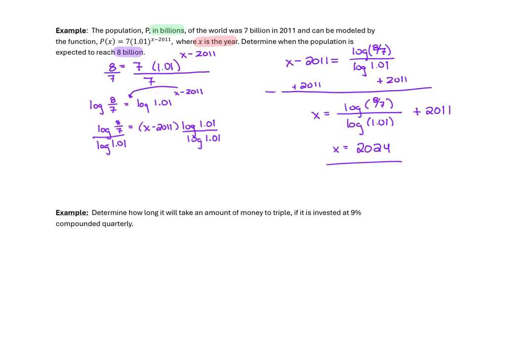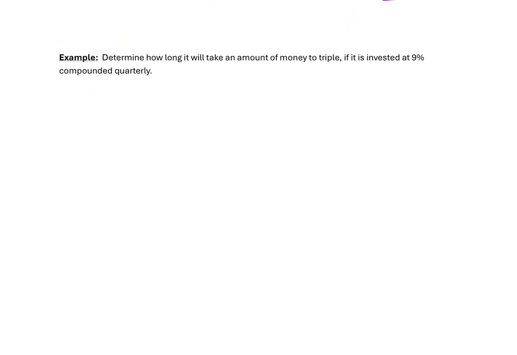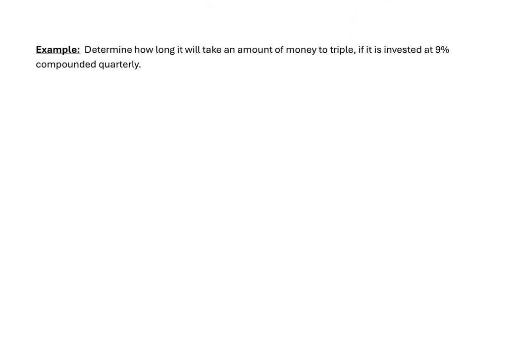All right, the last example that we want to look at is we have determine how long it will take an amount of money to triple if it is invested at 9% compounded quarterly. All right, we're going to bring back in our compound interest formula. And so remember that our compound interest formula was A equals P times 1 plus R over N raised to the NT.